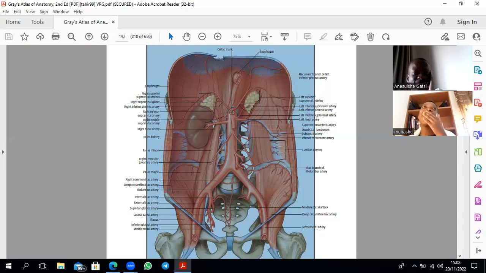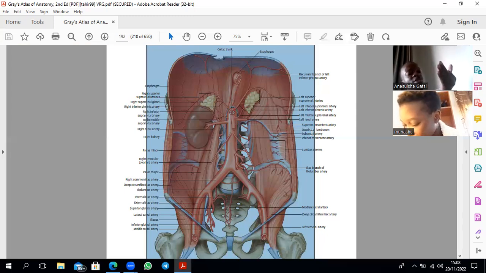Okay, you form the testes and the ovary in the abdomen initially. Then they migrate with their blood supply, right?